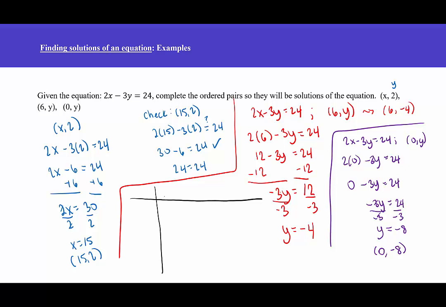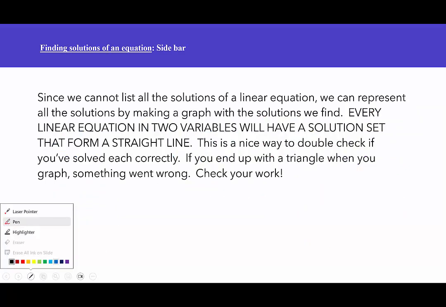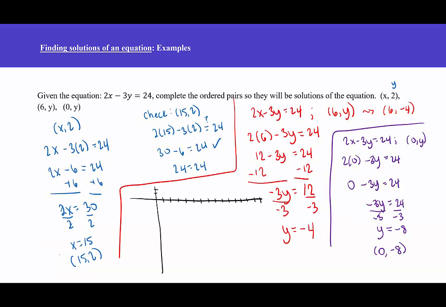But let's just see if these do form a straight line. So I have 1, 2, 3, 4, 5, 6, 7, 8, 9, 10, 11, 12, 13, 14, 15. And then I need to go up 2. 15 up 2 would be right here.